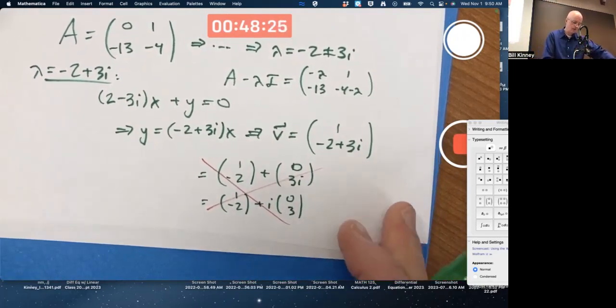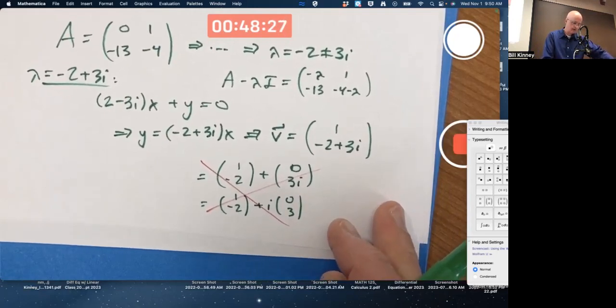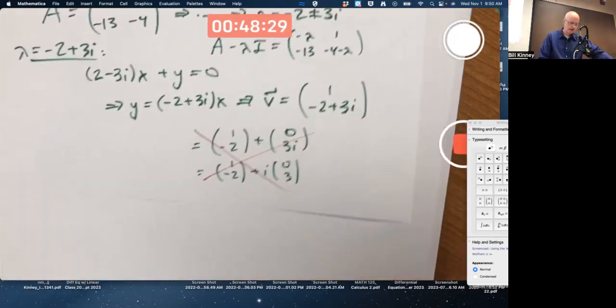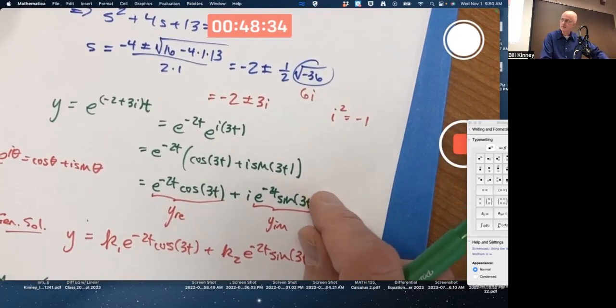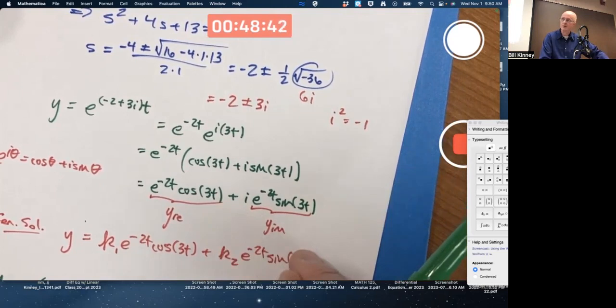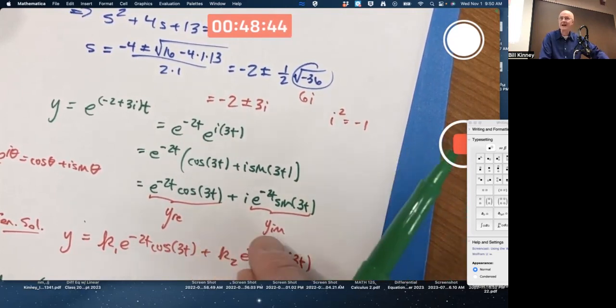What you do now is we're going to ultimately try to do something analogous to what we did here. Use Euler's identity to write a solution as a linear combination of a real part plus i times an imaginary part, but with a vector.